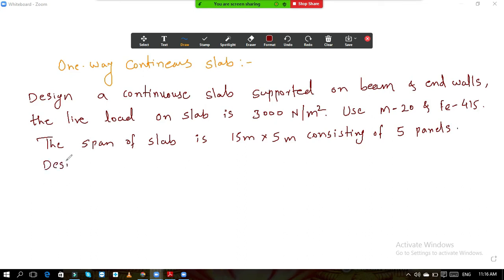Design the end panel. This is the given problem. I will read it once again.